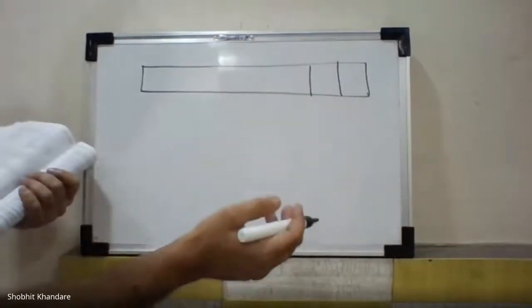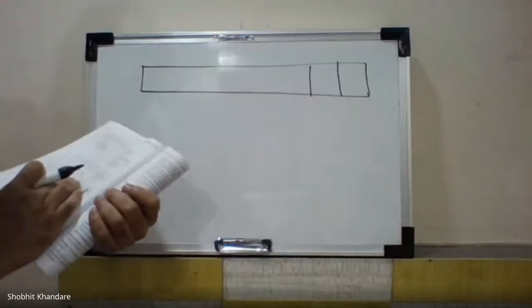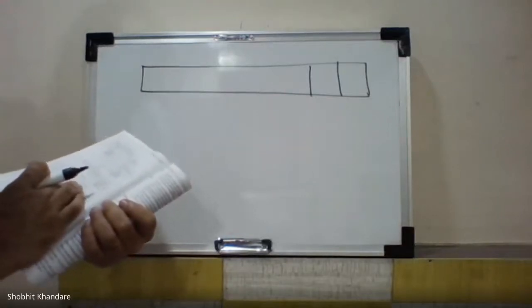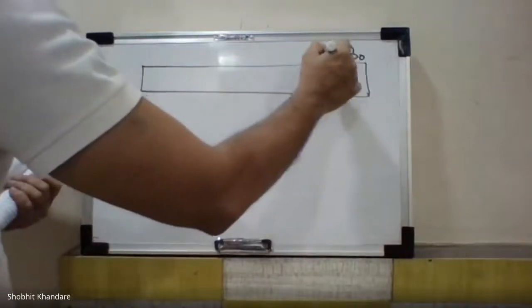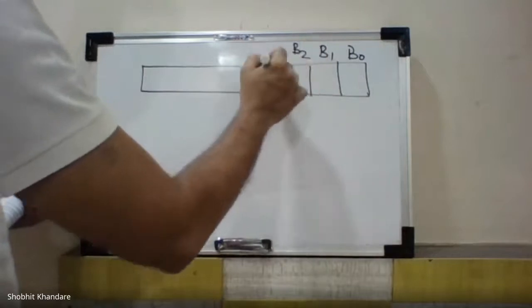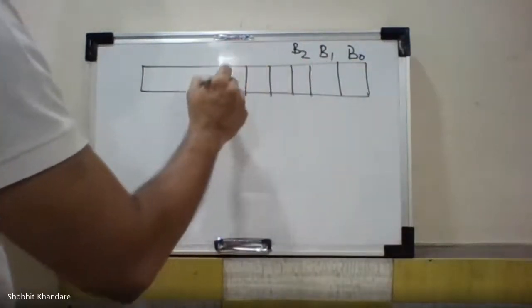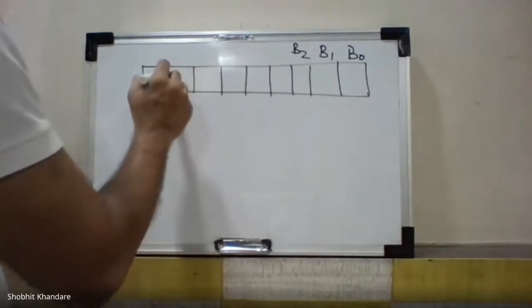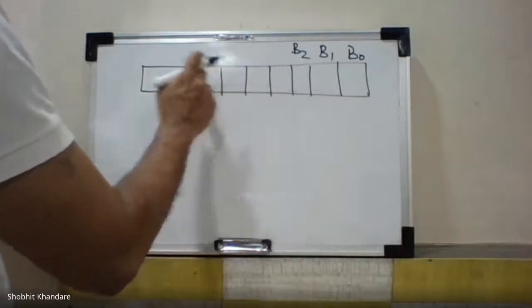In many books they may give you D0, D1, D2, D3. I am taking from Nagoor Kani, so they have given B0, B1, B2 up to B7. It depends upon you, as you need; these are just the nomenclature we are giving.